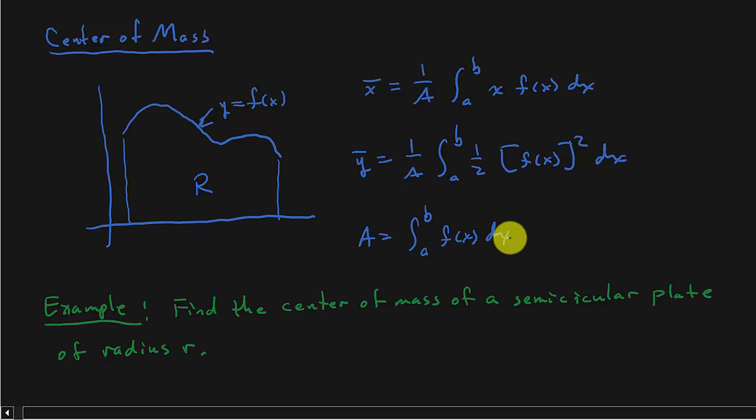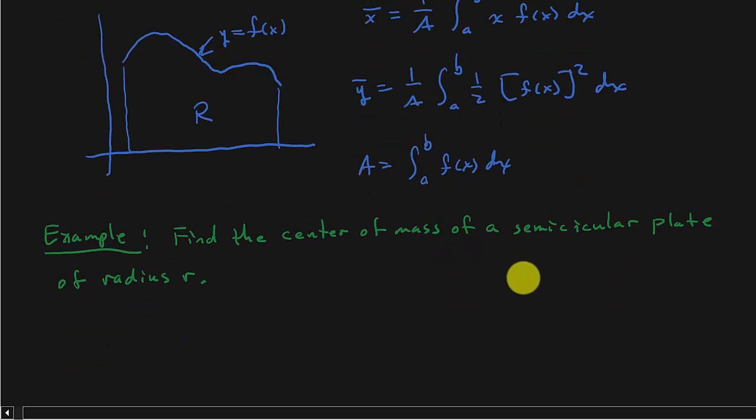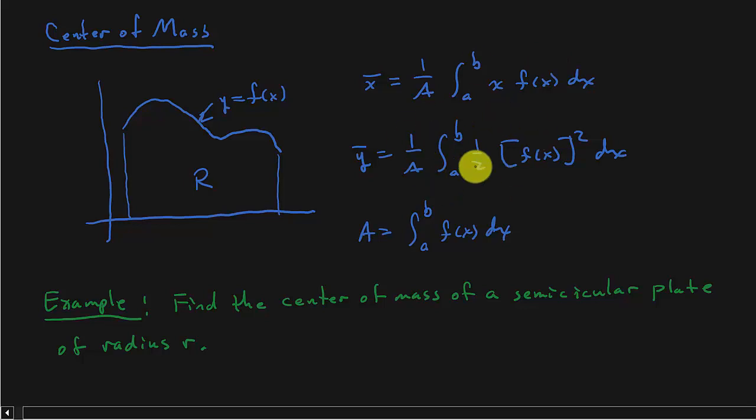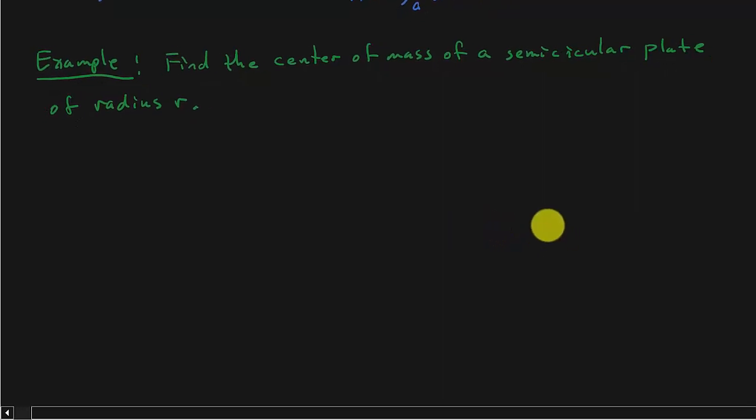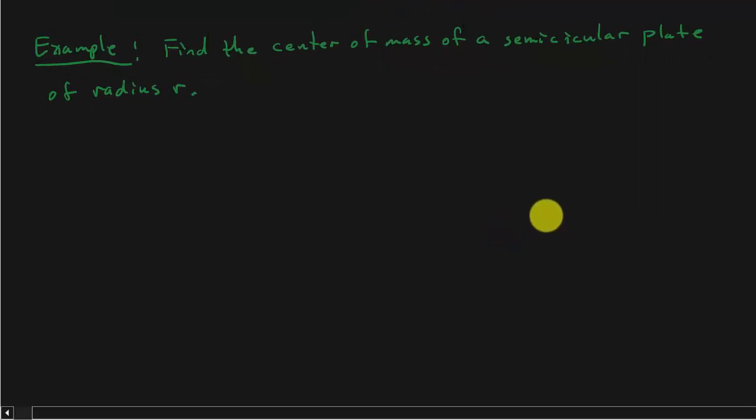All right, so let's look at some of these examples here, and we'll write the formula out every time we use it. It says find the center of mass of a semicircular plate of radius r. So we've got a semicircular plate.